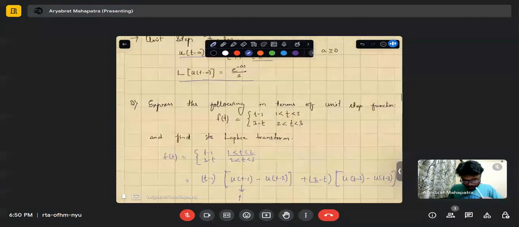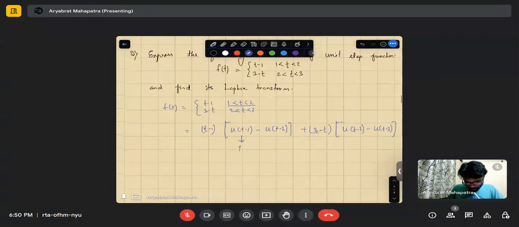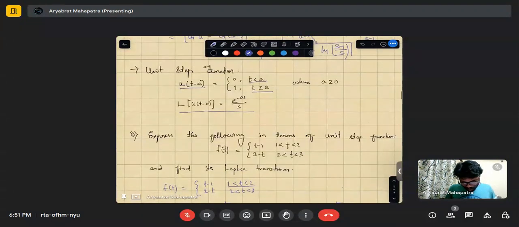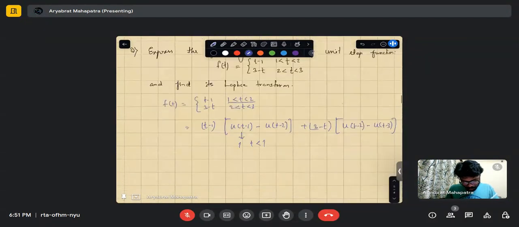So here again, if my value is less than 1, then this will give me 1. Sorry, so this will give me 0 when t is less than 1.